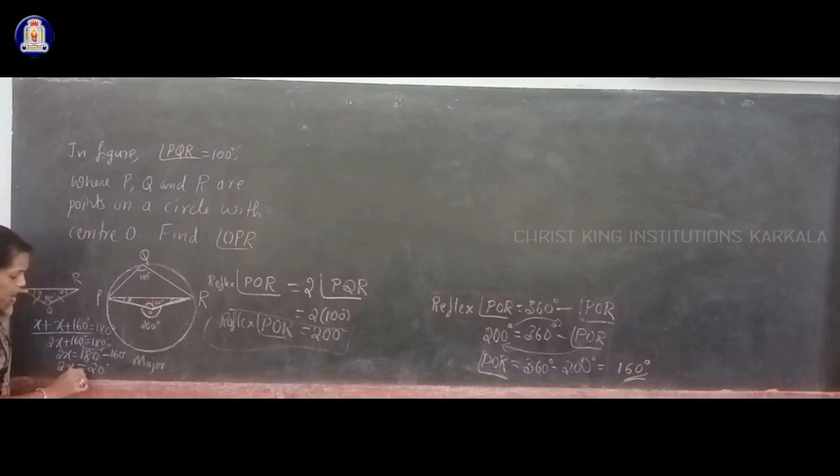So 2x equals 20 degrees, which means x is equal to 20 divided by 2, that is 10. So x is equal to 10 degrees.